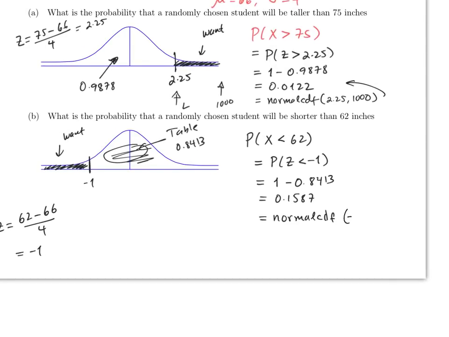The lower bound is minus 1,000, and the upper bound is -1. It will give you exactly the same answer. Remember that to access this, you need to do a second variables, and then number 2 will give you normal CDF.